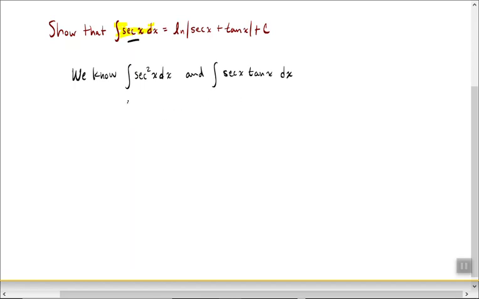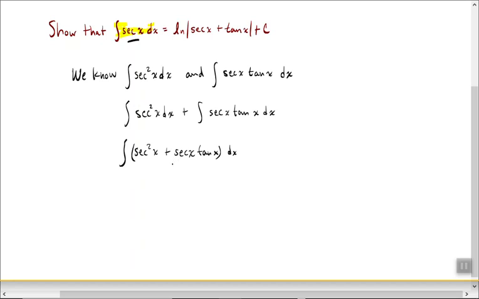Let's say we wanted to add these integrals: secant squared x dx plus the integral of secant x tan x dx, and we could actually just integrate the whole thing, secant squared x plus secant x tan x dx. All right, and we know how to do that.